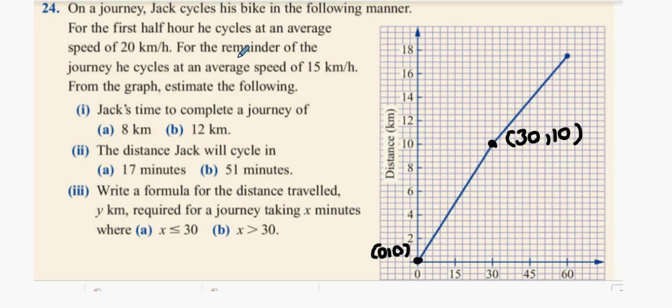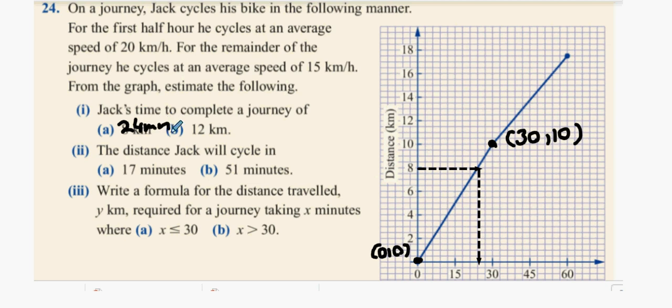How long did it take him to complete 8 kilometers? 8 kilometers, guys. What do we get? 28. Okay, look up, guys. There's 5 blocks for every 15. Each block must be worth 3. 18, 21, 24.